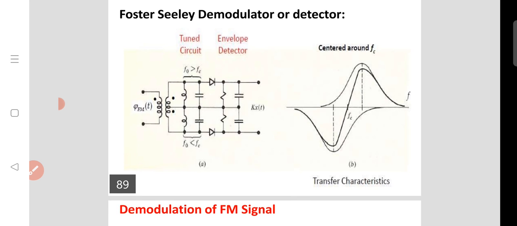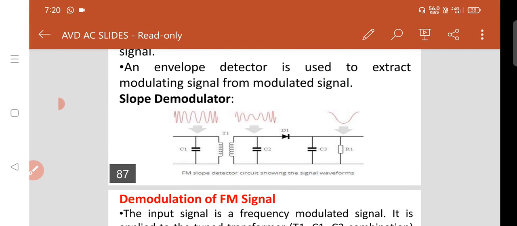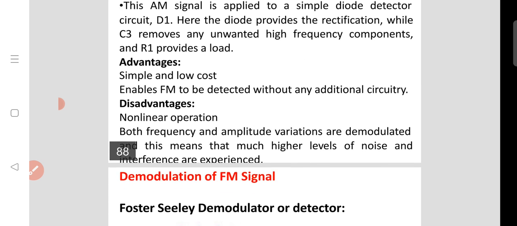A simple circuit we already discussed in the previous session, that is slope detection. In that slope detection, the tuned circuit, it means the frequency discriminator, is followed by the envelope detector.